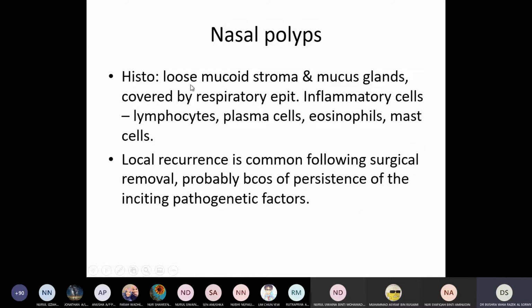So what is the histological appearance? It is loose mucoid stroma, and you can see the mucus glands, also covered by respiratory epithelium.